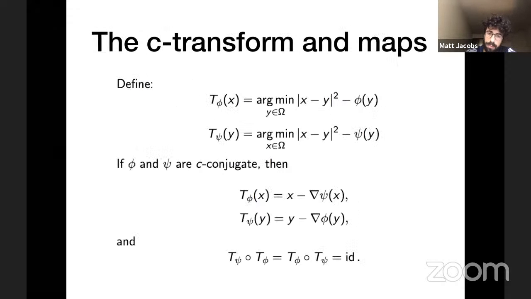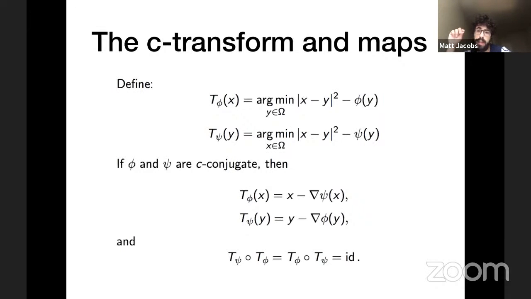Okay, so we want to do gradient ascent on these problems. And in order to do that, we have to know how to take gradients of the C transform term. That's the part that is maybe not so obvious, how you actually compute those things.